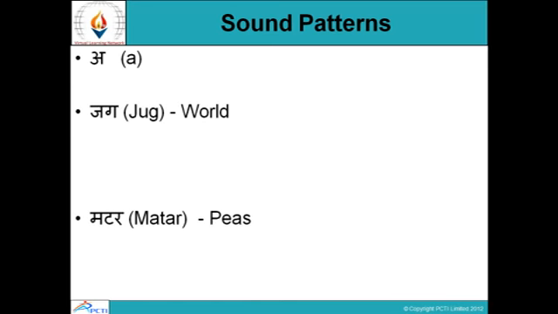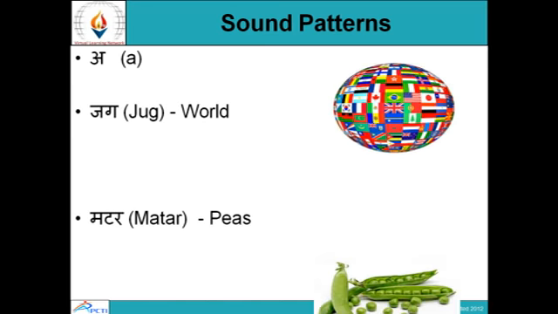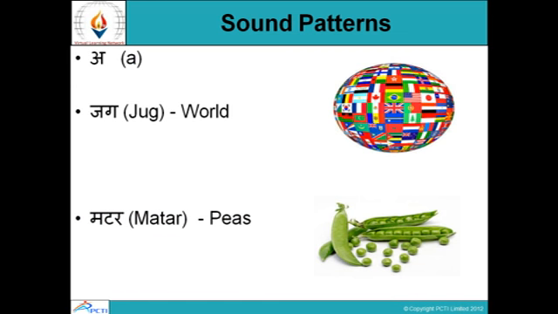Few more words with this sound. Jug. Jug is the whole world, the whole globe, the earth. The place where we live, this whole world, we reside in this world.